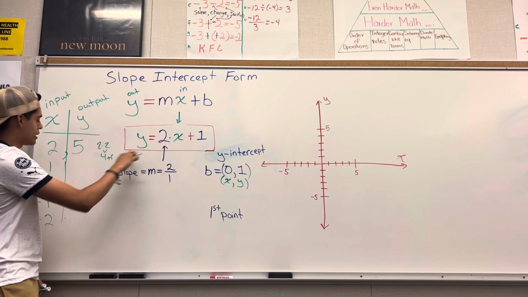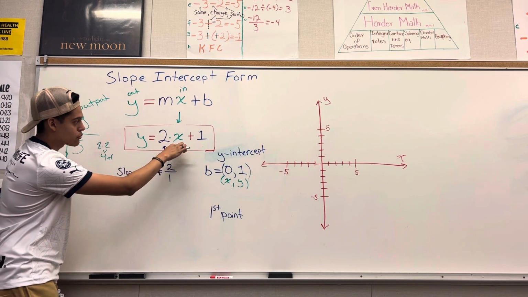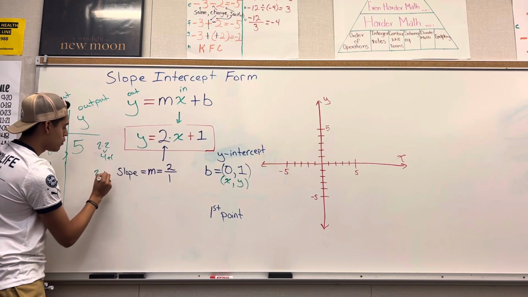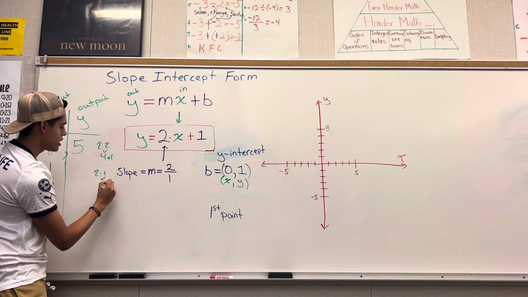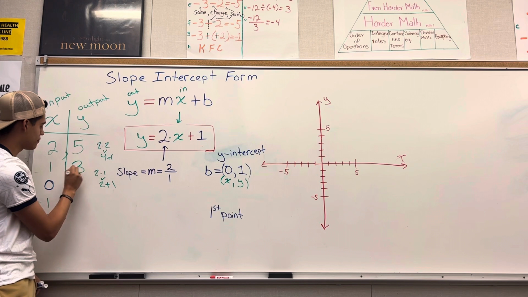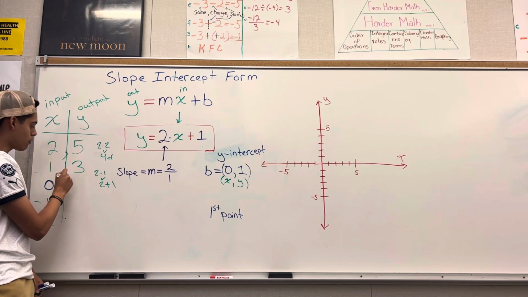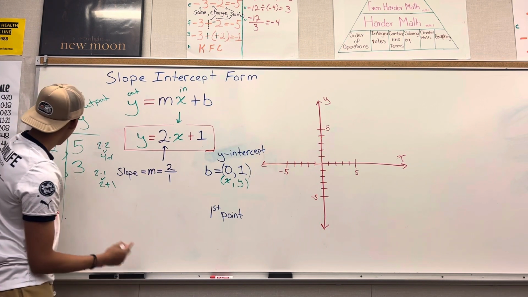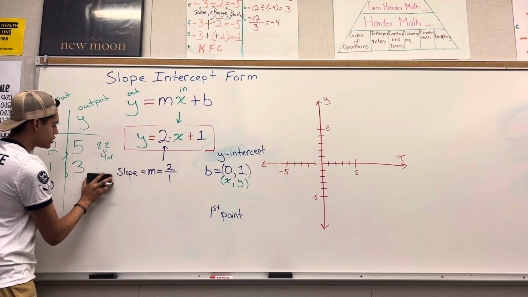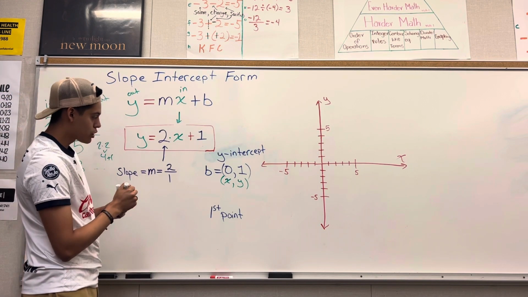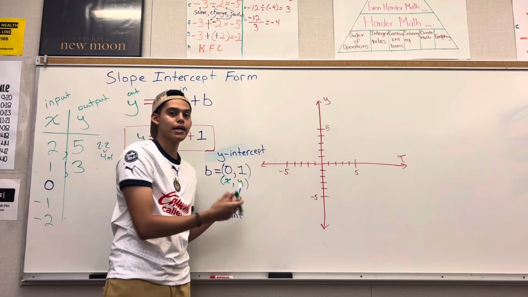Now, plug in the next one, 1. Plug it into this x right here. 2 times 1 would give you 2, and then 2 plus 1 would give you 3. And you have another point right here, 1, 3. Now we have this very special point when x equals 0, which is a new concept we'll learn today called the y-intercept.